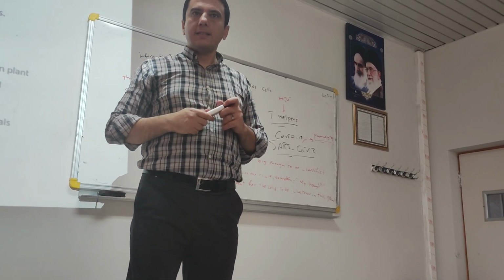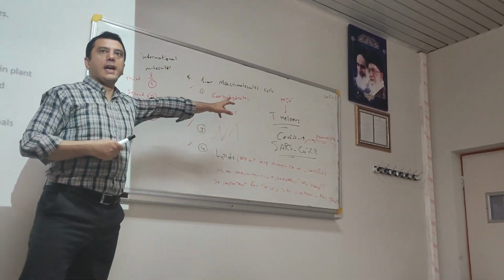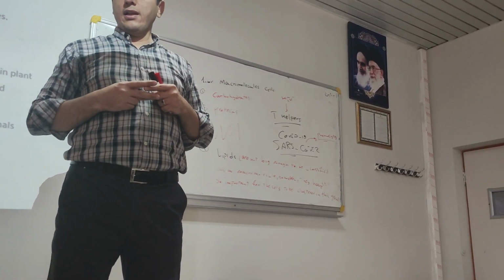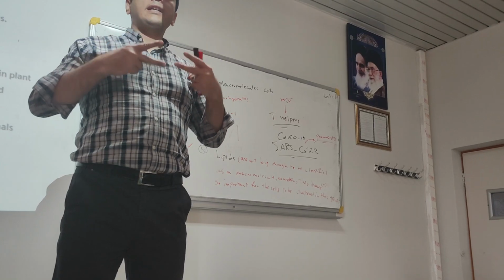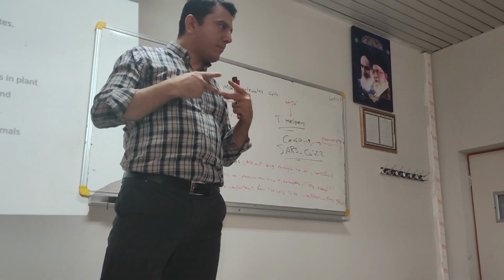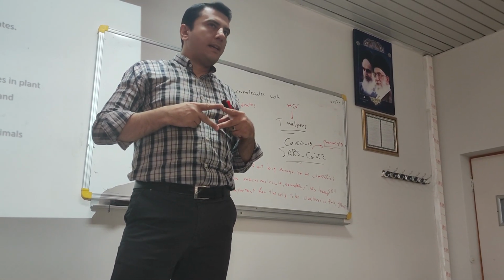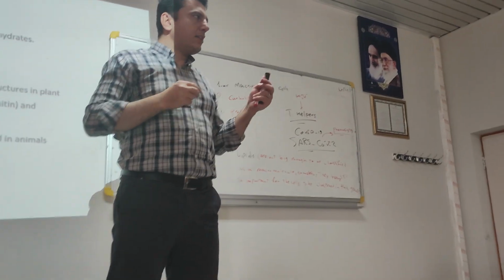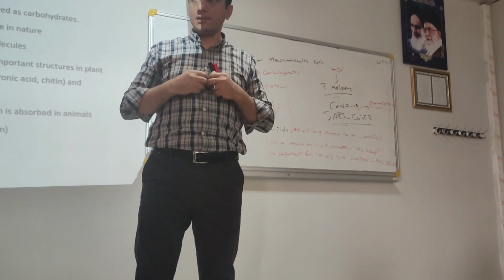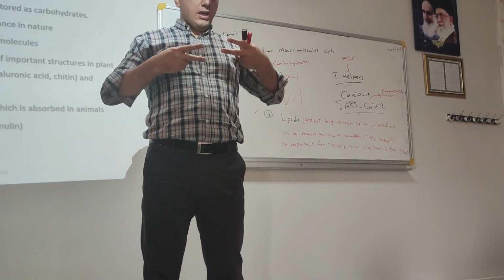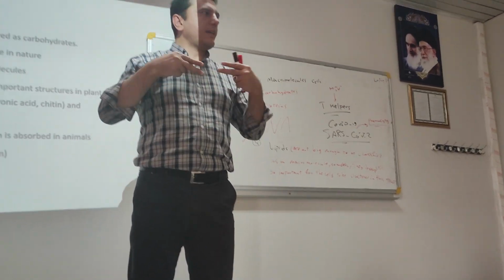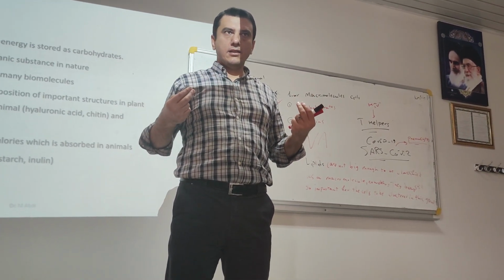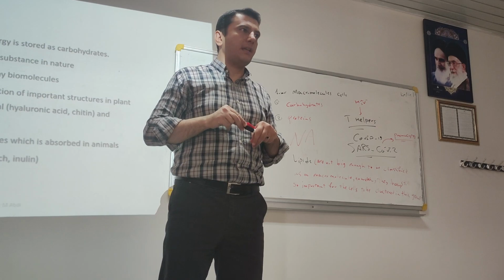The answer is because of our carbohydrates. Each cell has a unique type of carbohydrate that acts as a key for our cell. So we have locks and keys in our body.